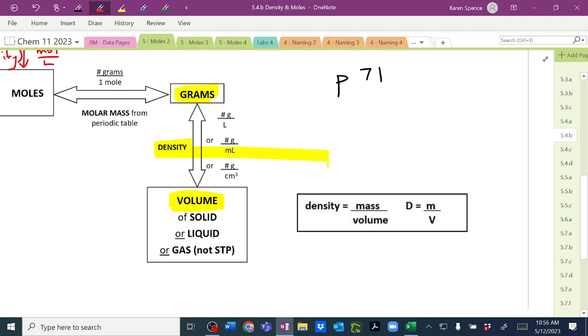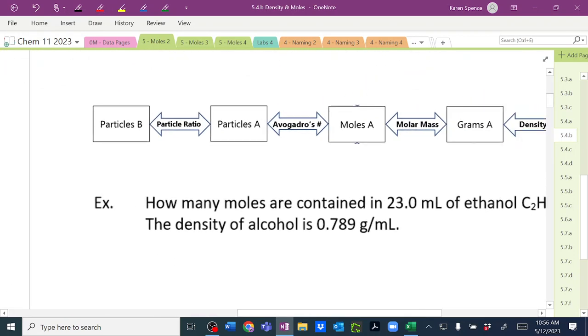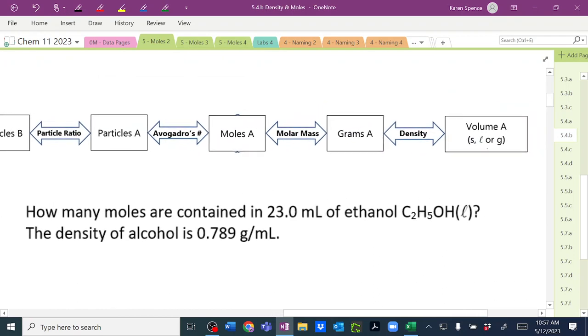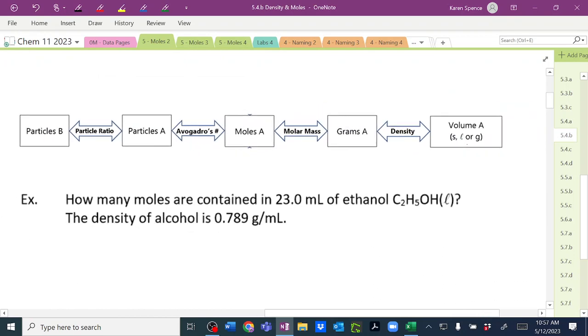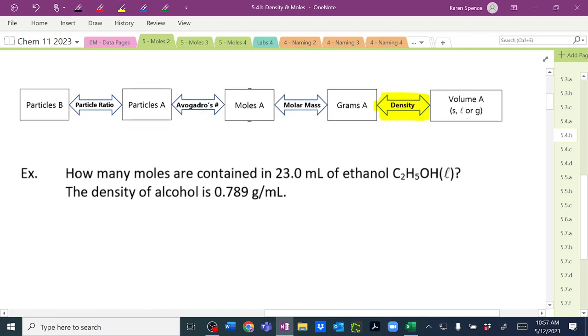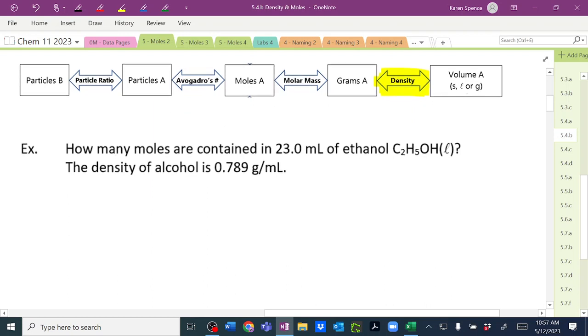All right. Now, I chopped this out from the other mole summary page. So you can see we are focused in over here where we're converting between grams and volume of a solid, liquid, or gas. So let's take a look at this first question.